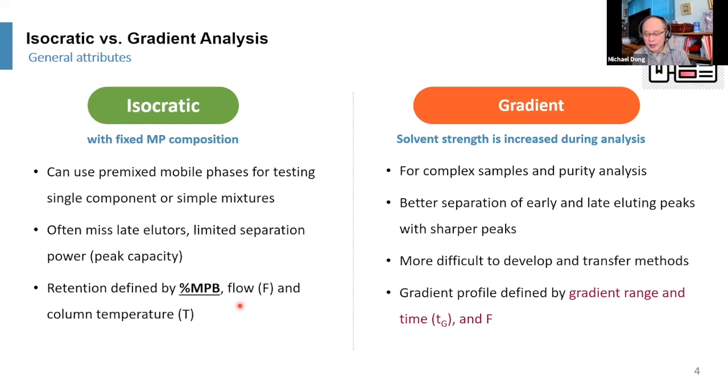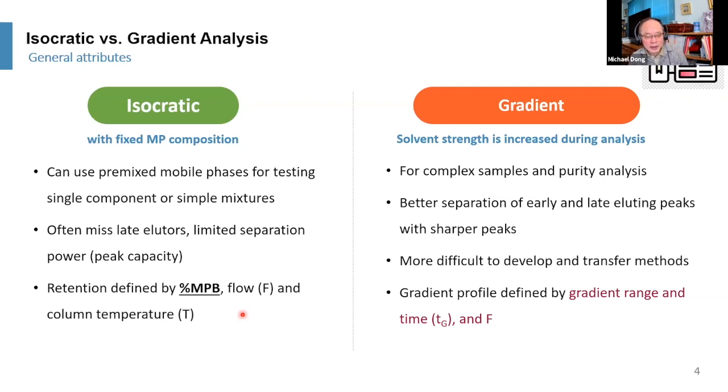But it's really dependent on the column inner diameter, right? So you have to recognize that the flow rate must be commensurate with, or highly dependent on, the inner diameter of your column. Most people use 4.6 millimeter ID. They really shouldn't be doing that. I think that everyone should use a 3 millimeter ID column for analytical assays, right?